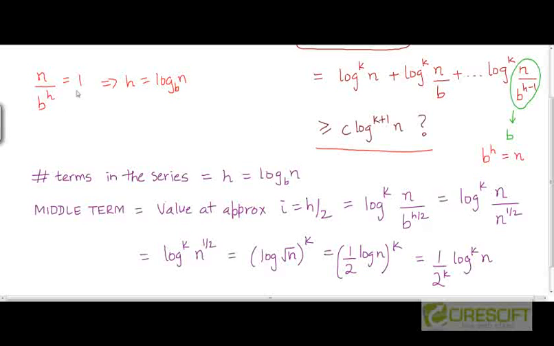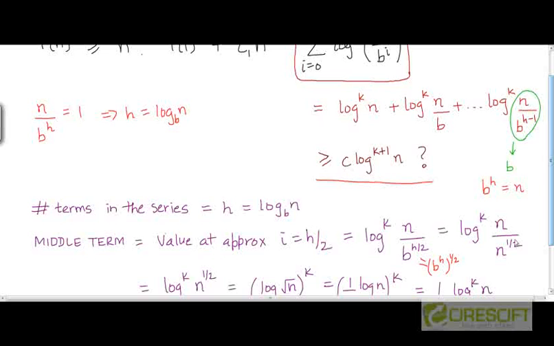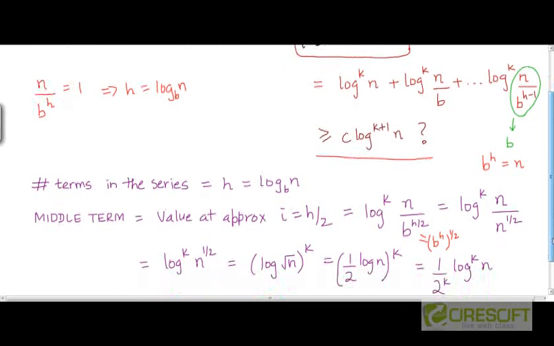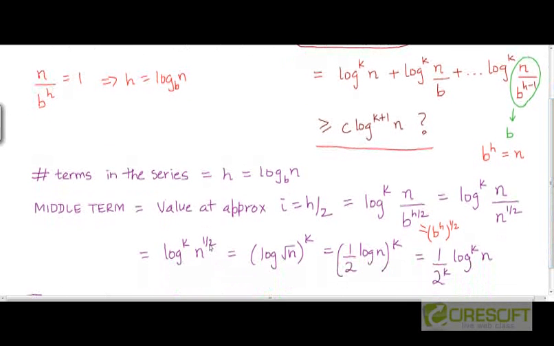Now we know that b to the power h is n, so b to the power h by 2 is b to the power h, the whole thing raised to the power 1 by 2, and b to the power h is n, so this becomes the square root of n. n divided by the square root of n, of course, is the square root of n. So this becomes log to the power k of the square root of n, which can be written as log of the square root of n, the whole thing raised to the power k.